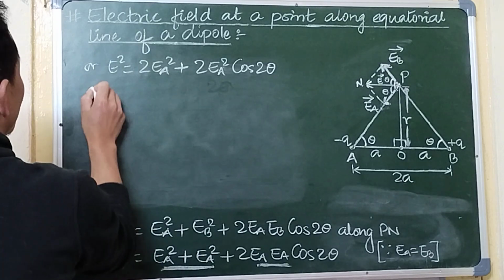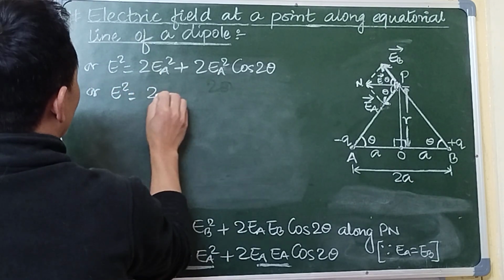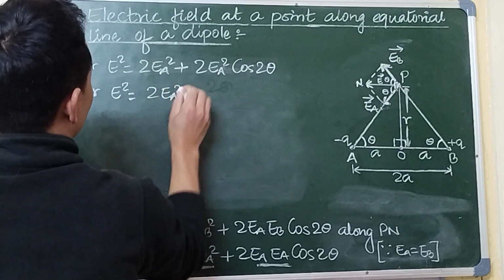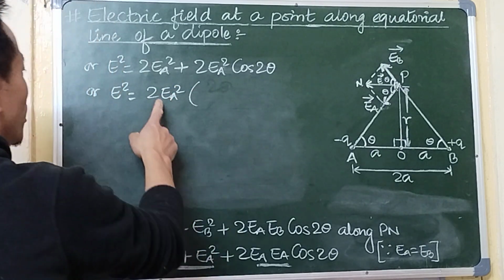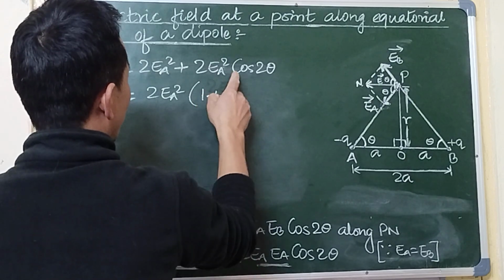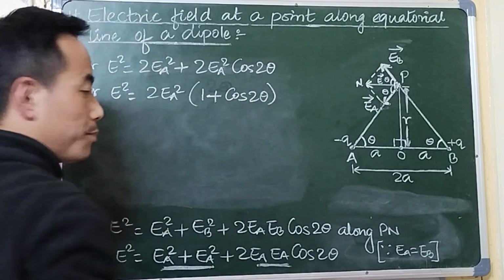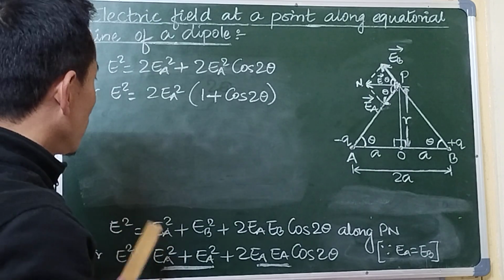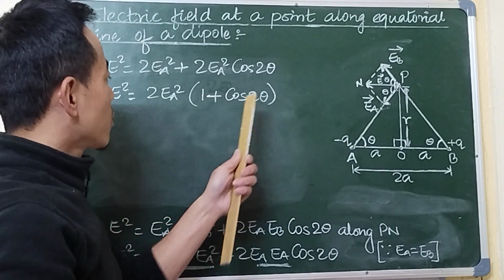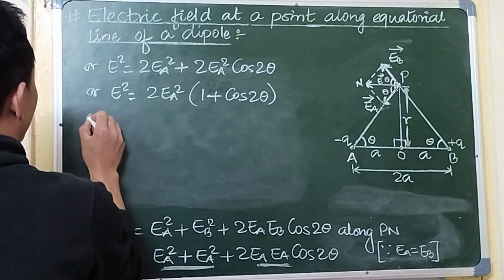Now after that, we can take out the common. So the common term here is twice EA square. So once you take out twice EA square common, here we will have 1 and here we will have cos of twice theta. So now here 1 plus cos 2 theta, we can replace it with another formula from trigonometry.